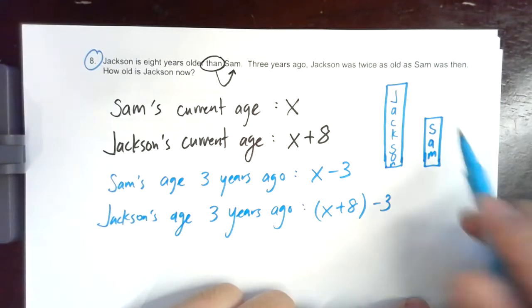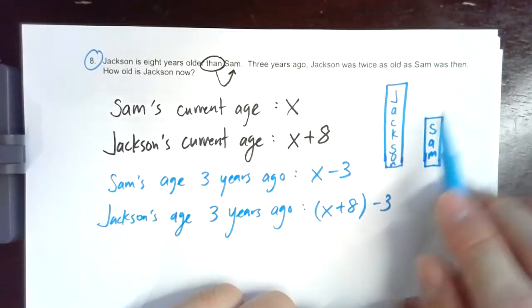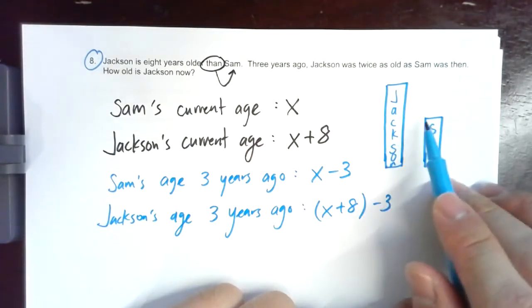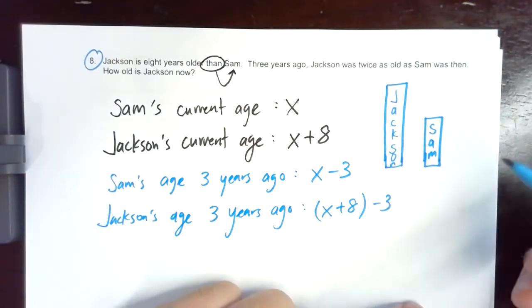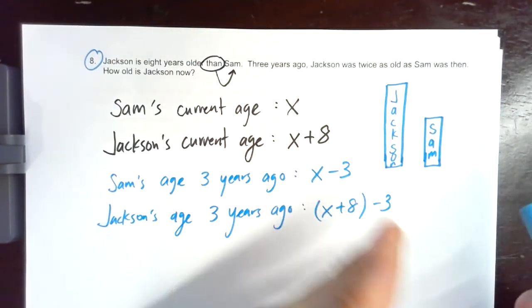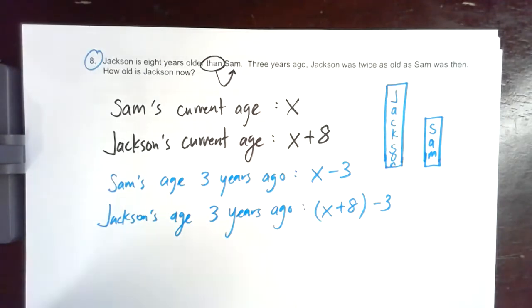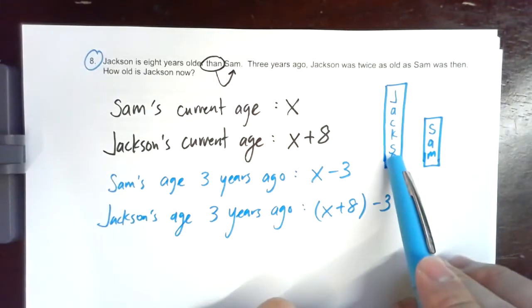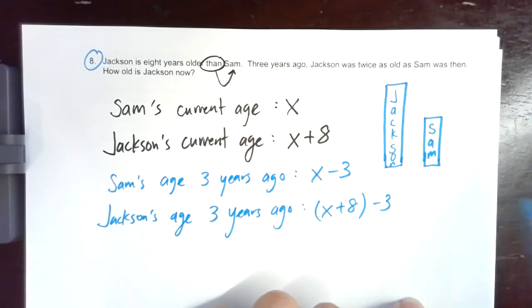So think about this, class. If you're creating an equation, who should you double to set the two nouns in this case, the two individuals, equal? Would you double Jackson or would you double Sam?